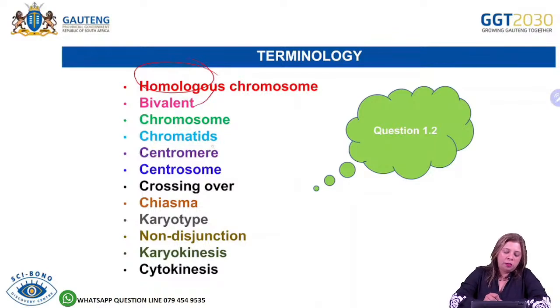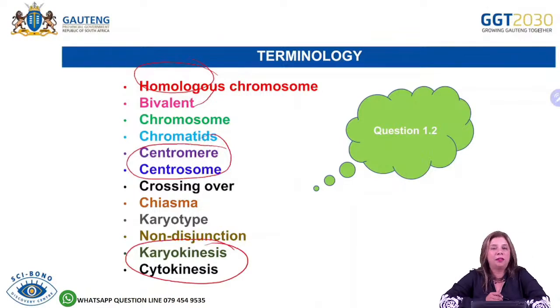And then we need to know the difference between centromere and centrosome. We need to know the difference between karyokinesis and cytokinesis, because they sound so similar. So that is where you need to learn your definitions. What I'm saying now in the revision for the mid-year exam is that you need to learn your definitions and your terminology, so that you are able to distinguish terms which will come out in section A.